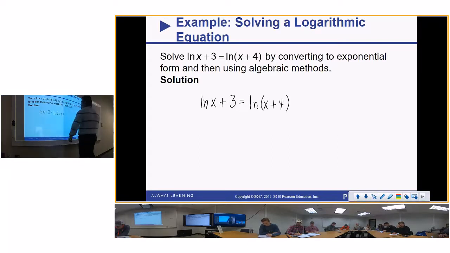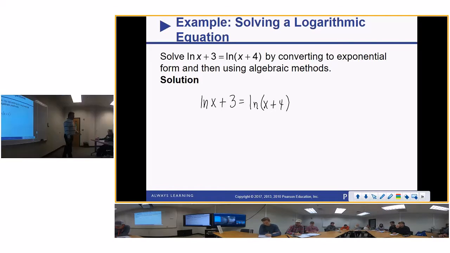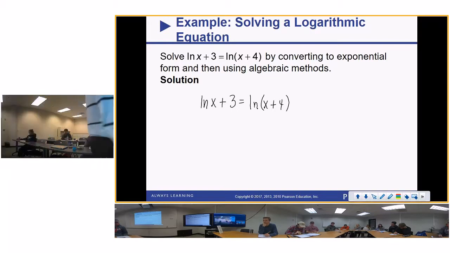Now, it's always a good idea to get the natural logs on one side, just like your x's. So chances are I would tell you to put the natural log of both sides, and you can distribute the natural log. You can do that also. So we could end up writing 2 natural logs in 1 natural log. Okay, that's one way to do it. You could also subtract 3, but that subtracting 3 is not going to do any good.